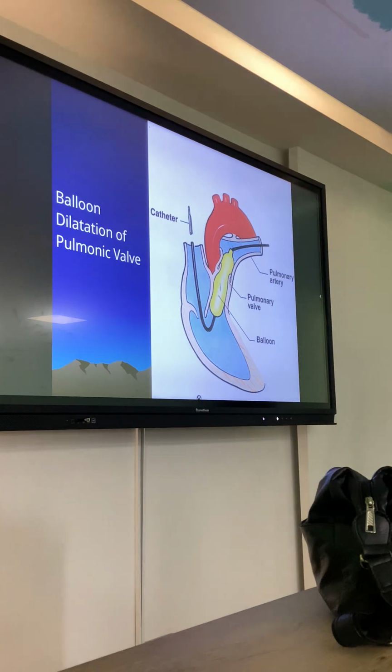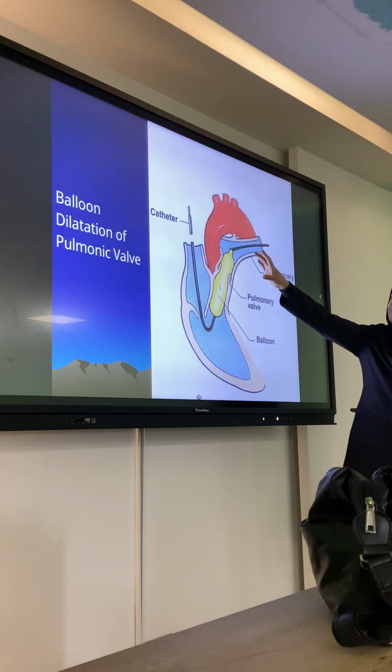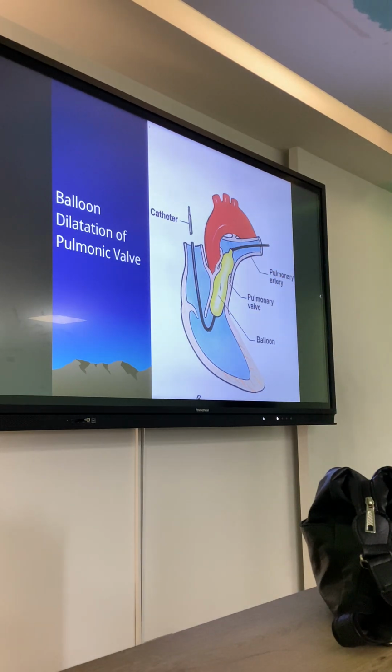What is this? Please see. Okay, you have pulmonary stenosis. Sometimes the patients go to angiography. Angiography is a closed procedure. The doctors go with a catheter and put a balloon to dilate. Okay? The pulmonic valve.